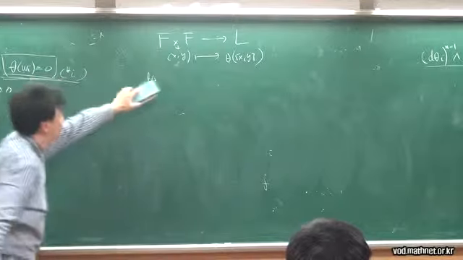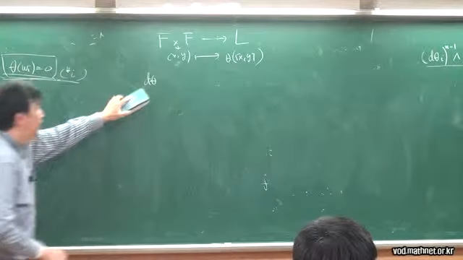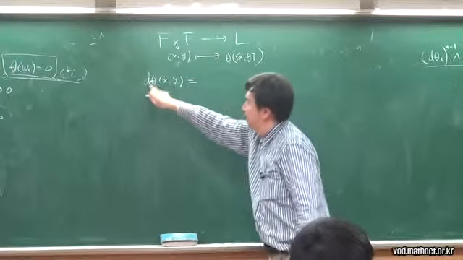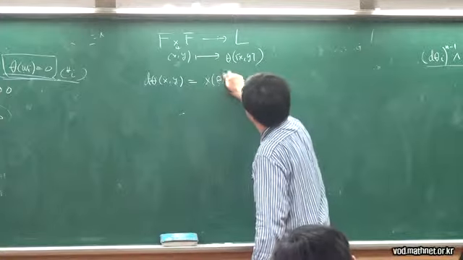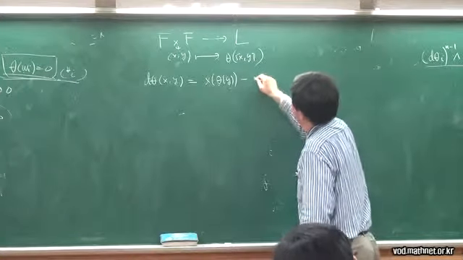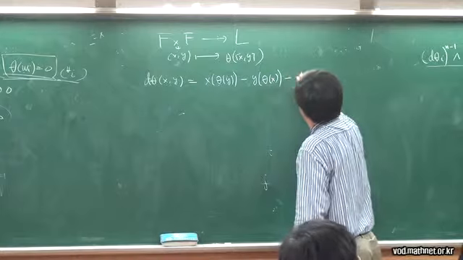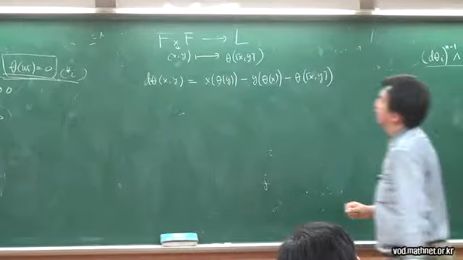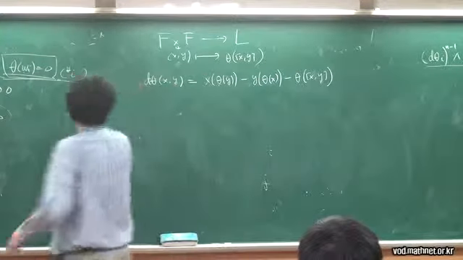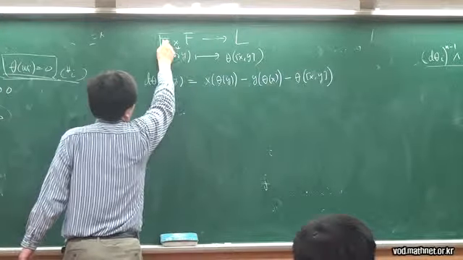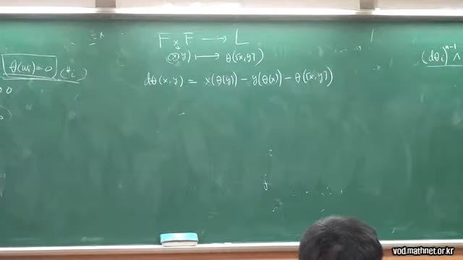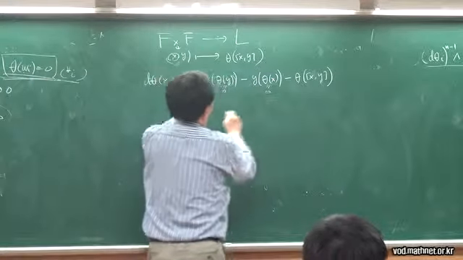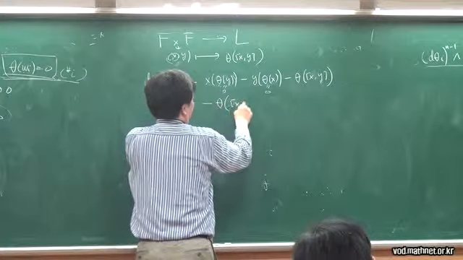So theta is just a one-form, and d theta xy is by definition of d, the derivation, x theta y minus y theta x minus theta xy. But here x is a local section of f, and theta is here, so this is 0, and this is 0. So this is theta xy.